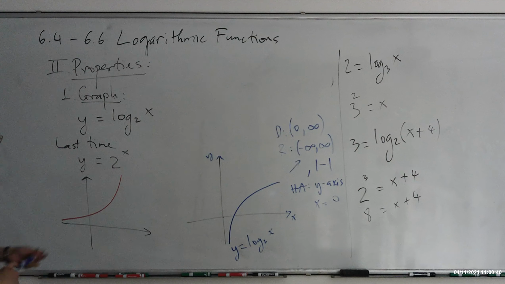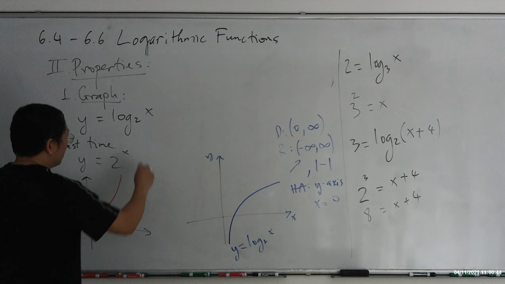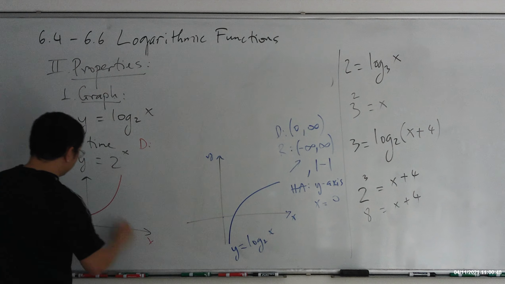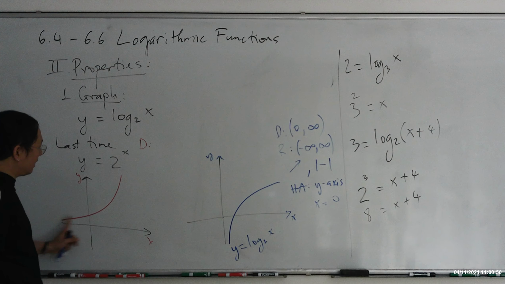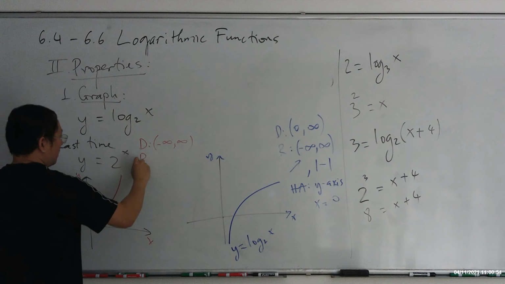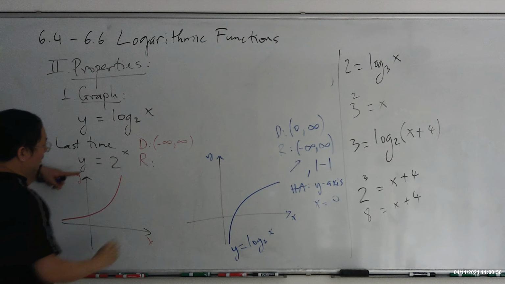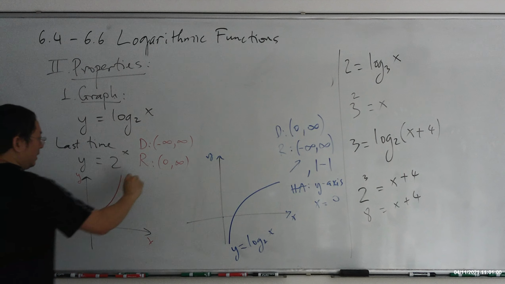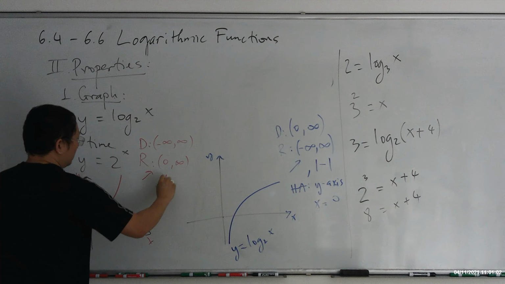So let me rewrite the properties for the exponential function that you've seen before. For this one right here, the domain is what? X-axis right here, y-axis. The domain is from negative infinity to positive infinity. The range is from 0 to infinity for y. Increasing, yes. 1 to 1, yes.